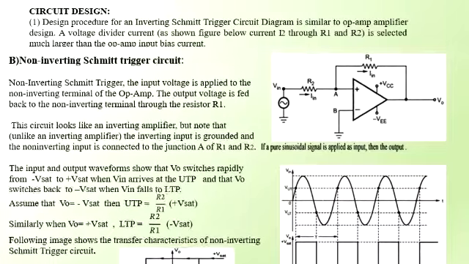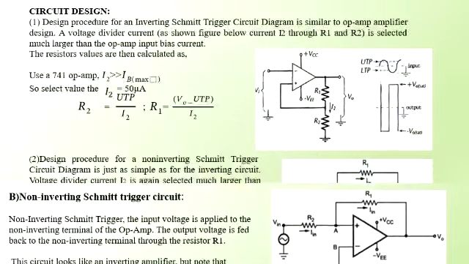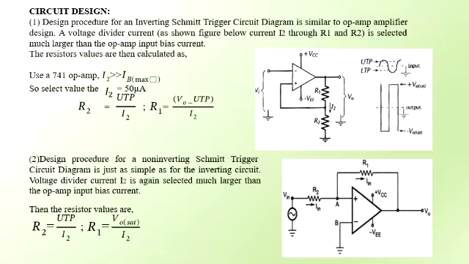In this slide, we are discussing the circuit design, meaning the design procedure for the inverting symmetrical circuit. It is similar to op-amp amplifier design, but here in the inverting symmetrical circuit, R1 and R2 are feedback resistors, and the voltage divider current between R1 and R2 is I2.